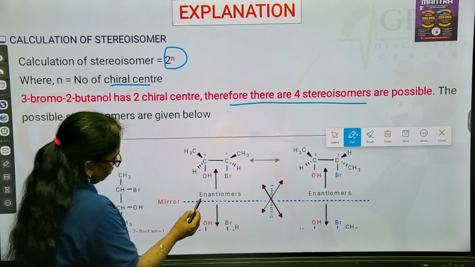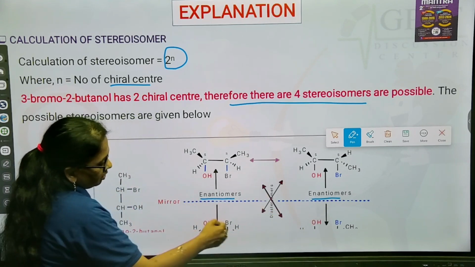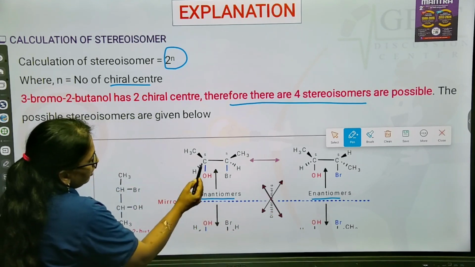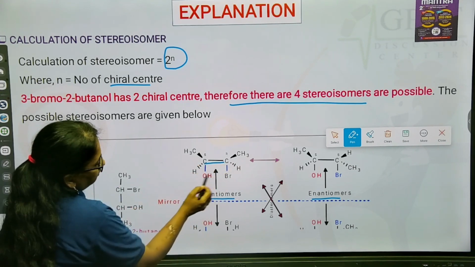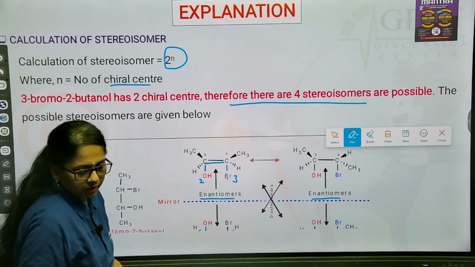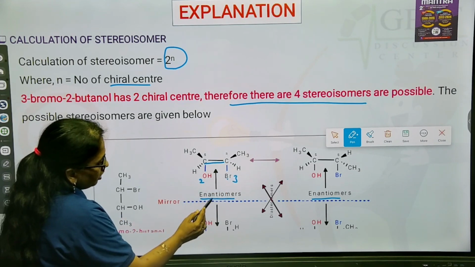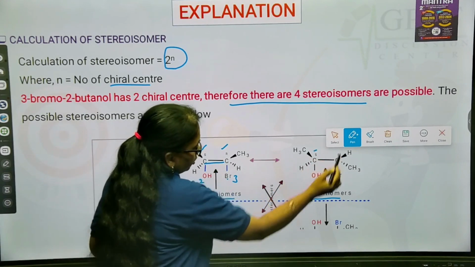How? So, these are the enantiomers. That means if we are going to see the mirror images. Okay. So 3-bromo-2-butanol you are going to see. This is second position and third position. So enantiomers you are going to observe, this is S-R enantiomer, S-S enantiomer. Okay.